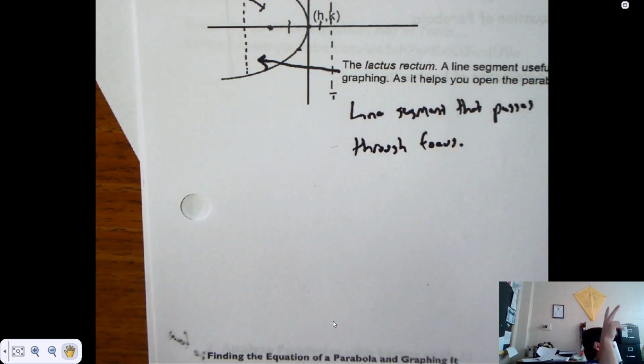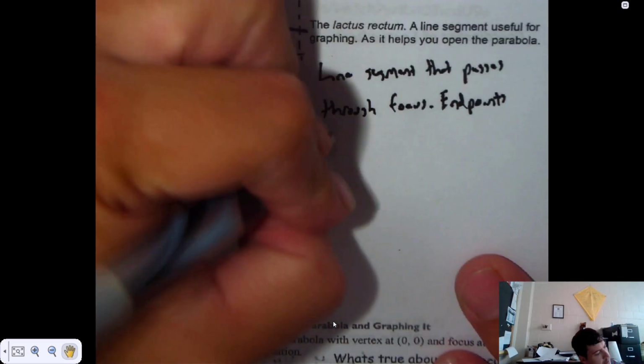That's why we plug in that x value into the original equation of the parabola, because it'll give us the endpoints on the parabola. So the endpoints of that segment exist on the parabola.